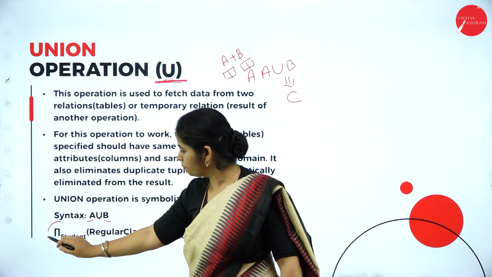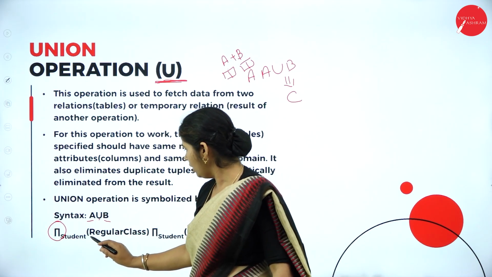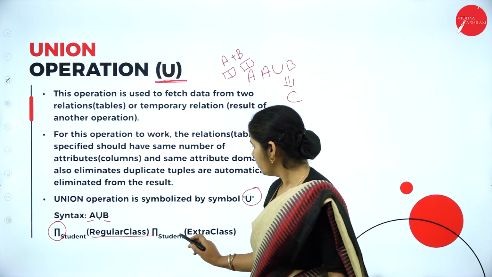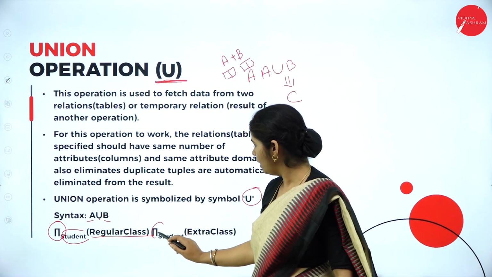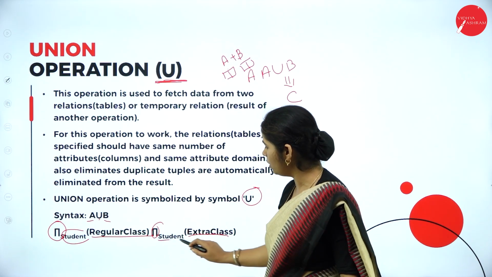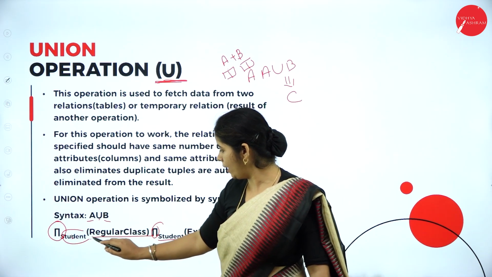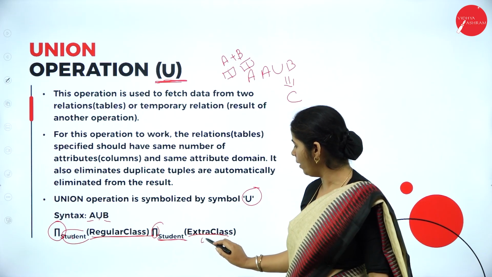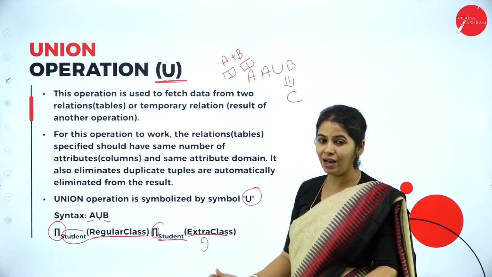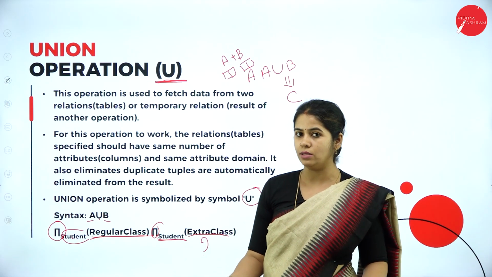This is a project operation: project the regular classes from the student database and project the extra classes from the student database. Combining how many regular classes are there and how many extra classes are there, we are combining them together and providing the total number of classes.